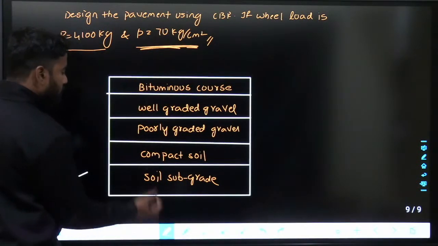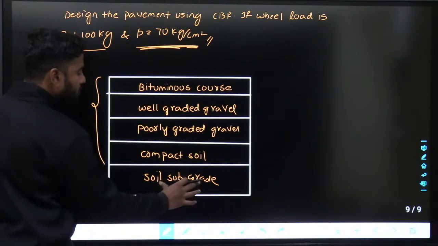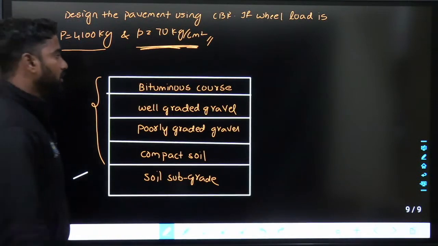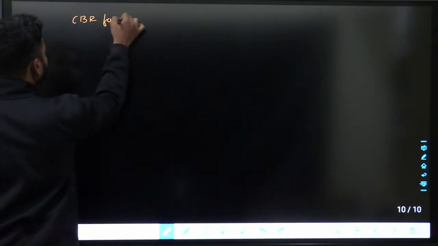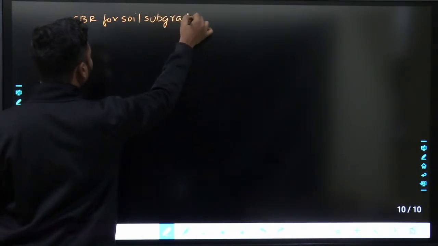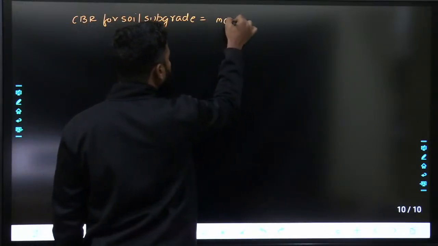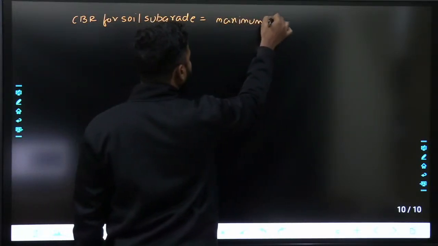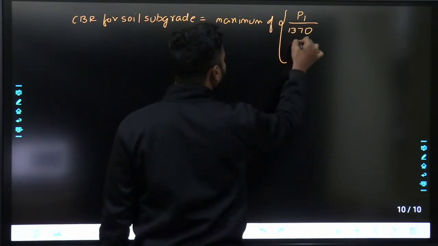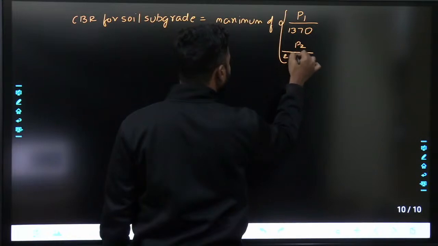So, first you should calculate the CBR for soil subgrade, so that you will get the total thickness. Fine. So, how will we calculate CBR for soil subgrade? CBR for soil subgrade equals the maximum of P1 upon 1370 and P2 upon 2050, the maximum of these two.